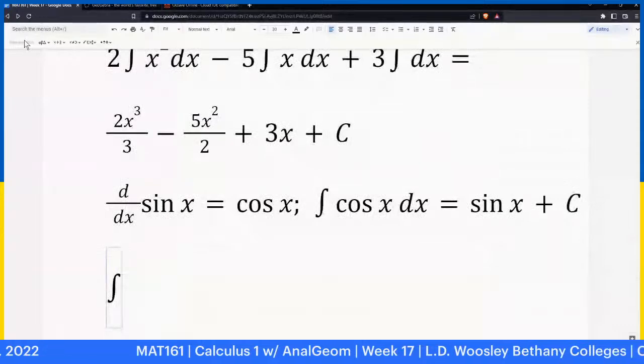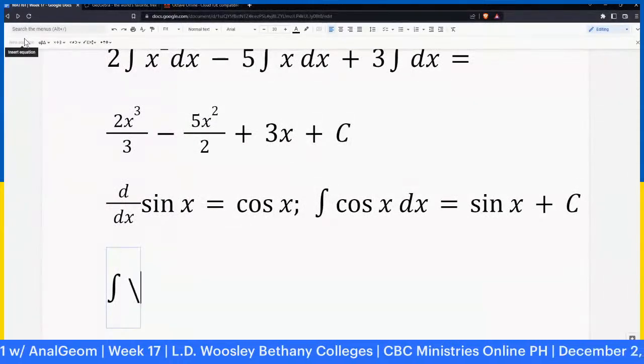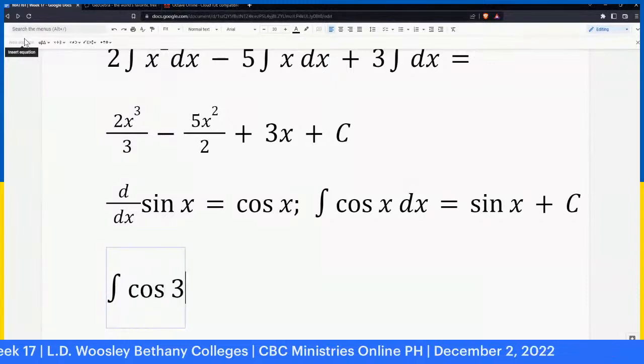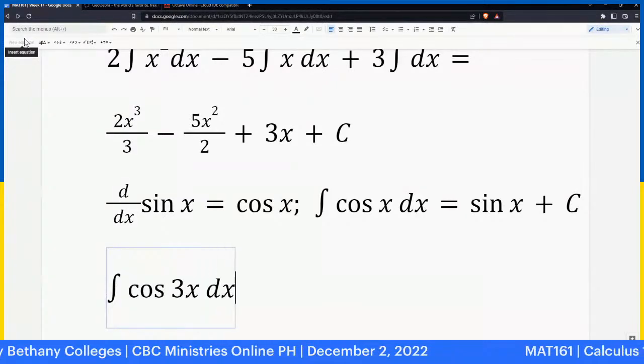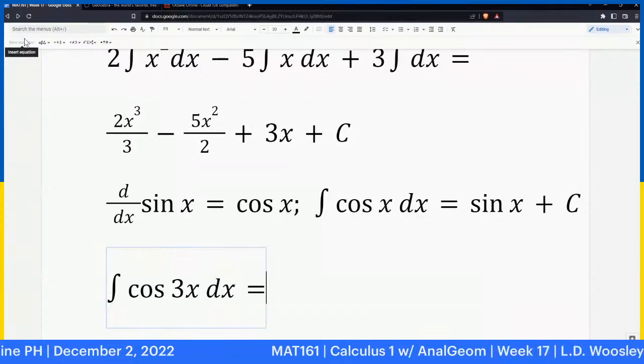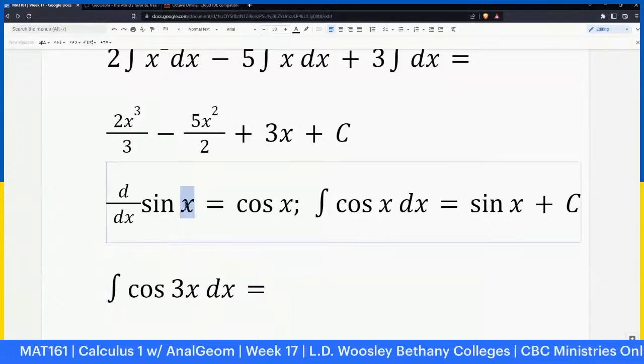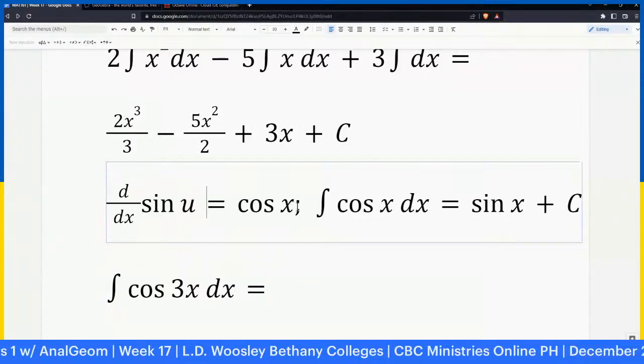Okay, halimbawa, integral of cosine 3x dx. Ngayon, if we'll try to analyze, what's your u? Dapat pala u ginamit ko dito para not confusing. Gawin na lang natin u.